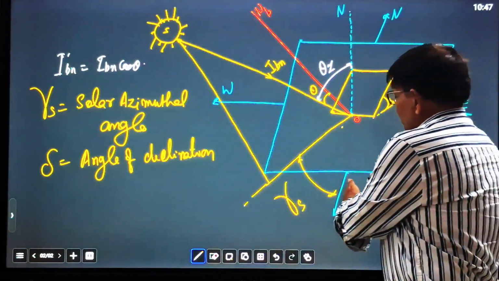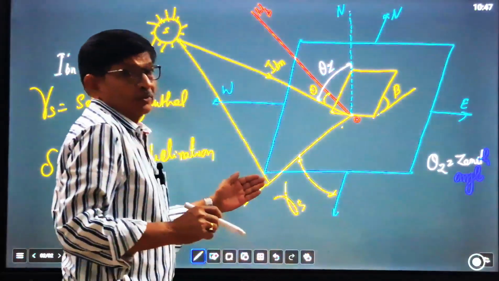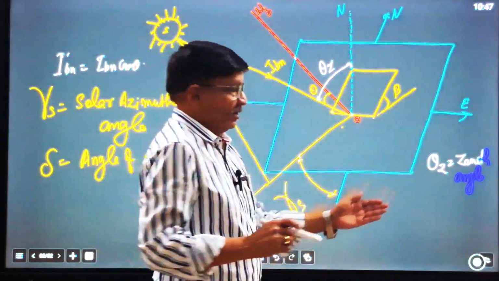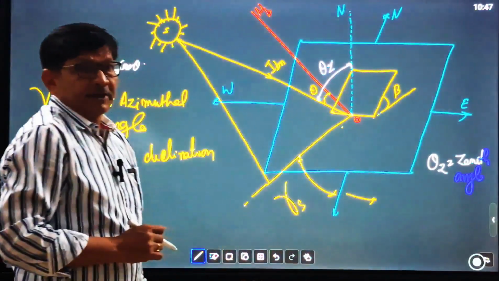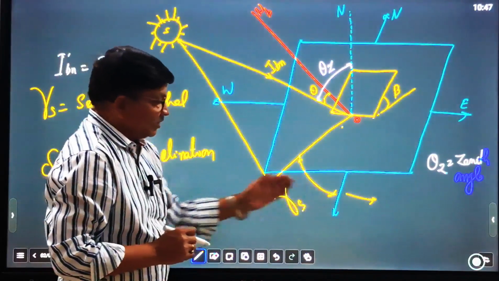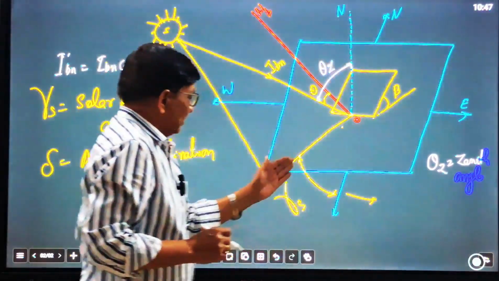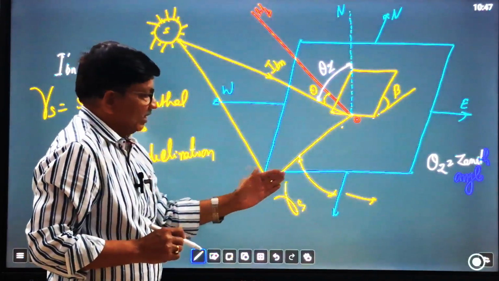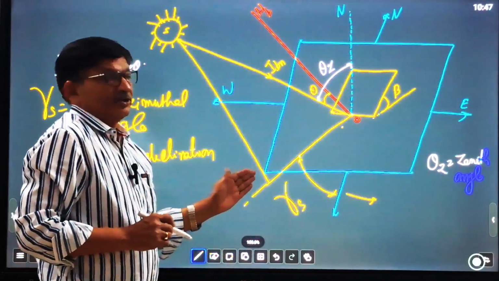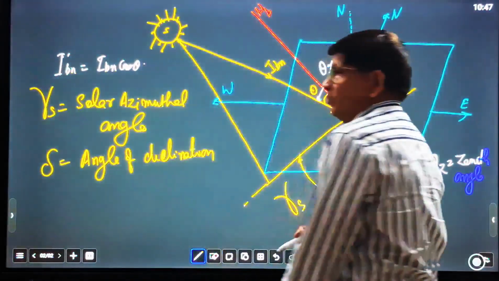The projection may be to the west of south or east of south. If the projection is to the left of the due south line, then gamma s is positive. If it is to the right, then gamma s will be taken as negative.